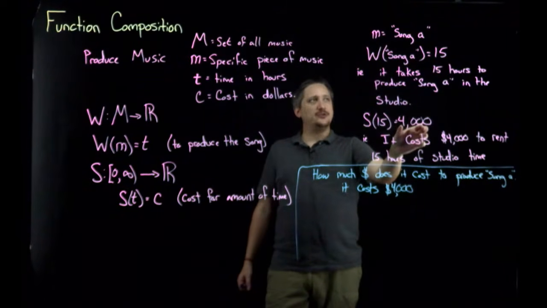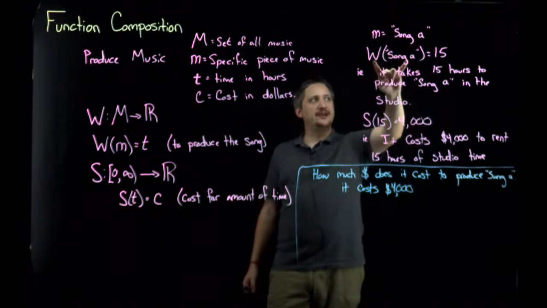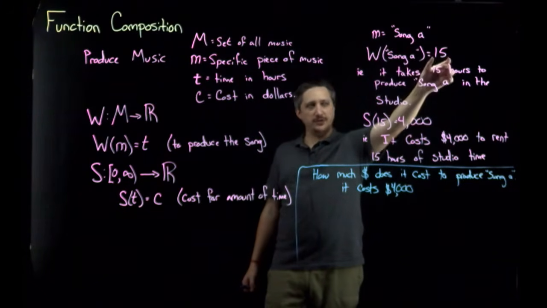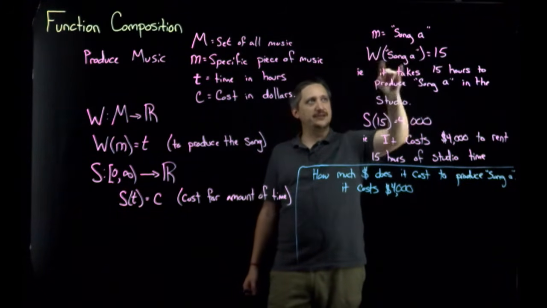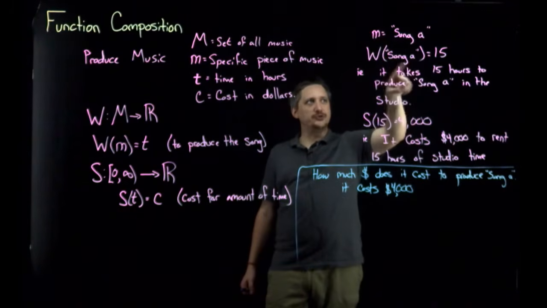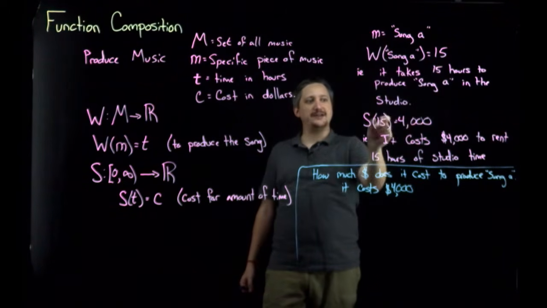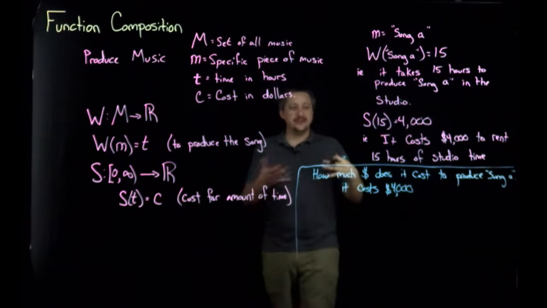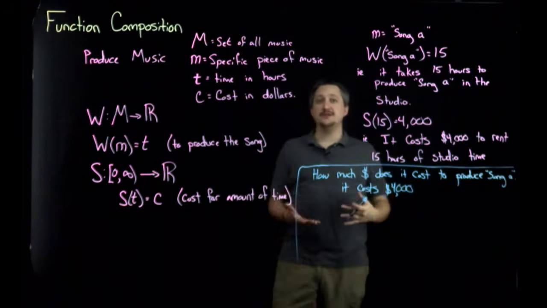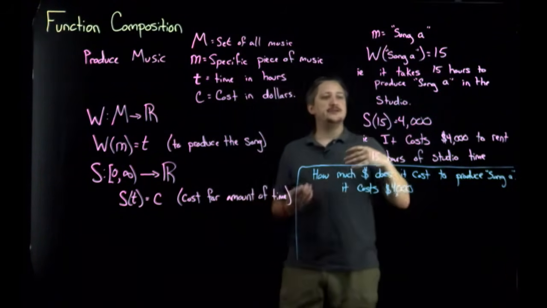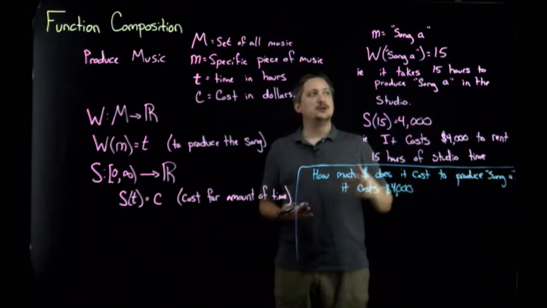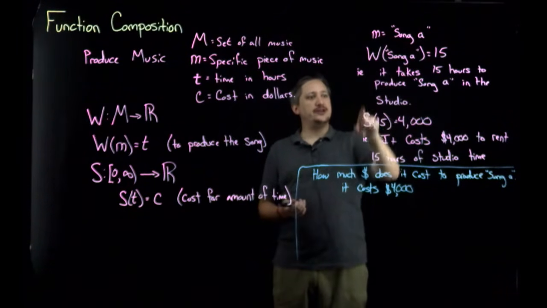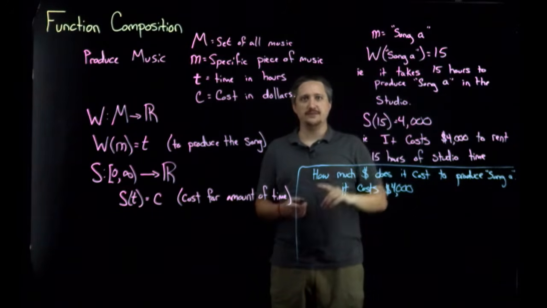In some sense, we were taking the output, the time it takes to produce song A, and putting it as the input into S. This is exactly what function composition is. Function composition is composing functions in a way where you take the output of one function and use it as the input in another function.